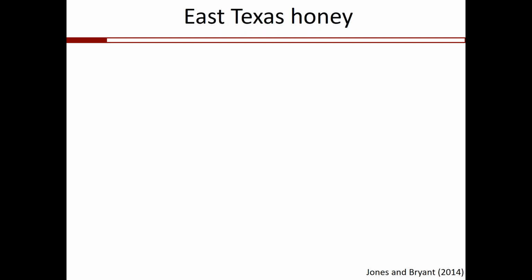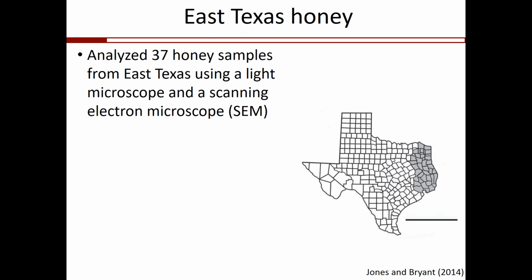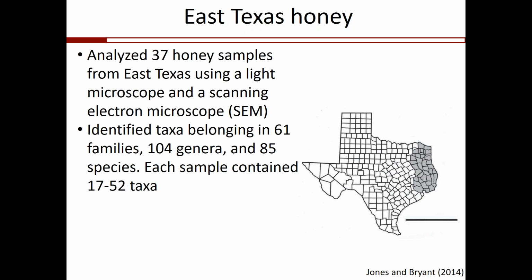So a few years ago, Dr. Bryant actually did part of the objective of our study, but just a subset. He looked at East Texas honey, several counties in extreme detail over the course of 7 years. He analyzed 37 honey samples from East Texas using both a light microscope and a scanning electron microscope, and he was able to identify taxa belonging to 61 families, 104 genera, 85 species, and each sample contained 17 to 52 taxa.